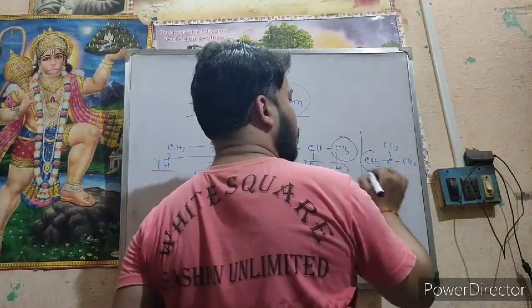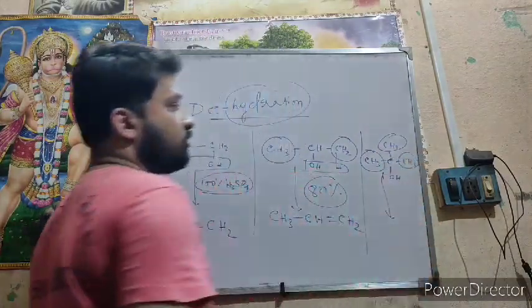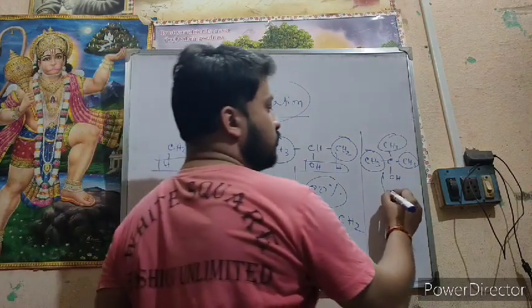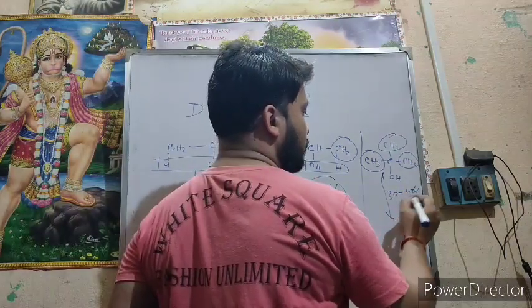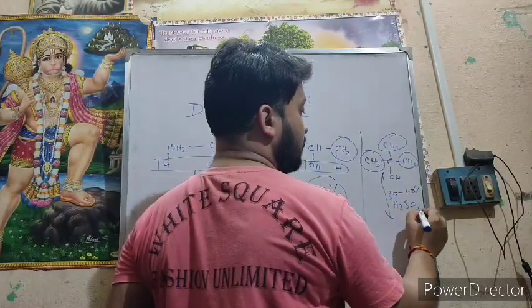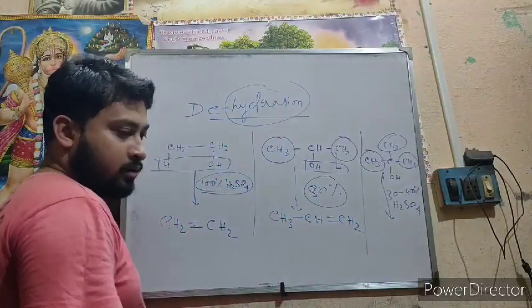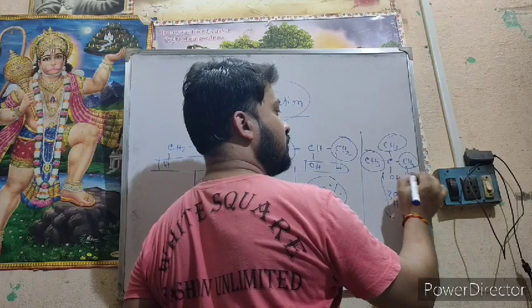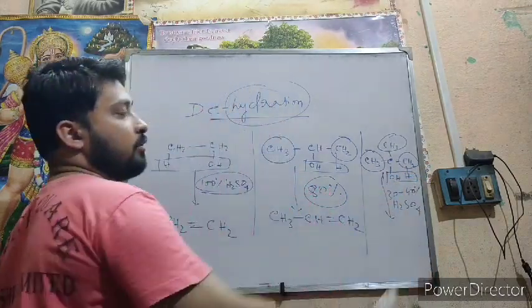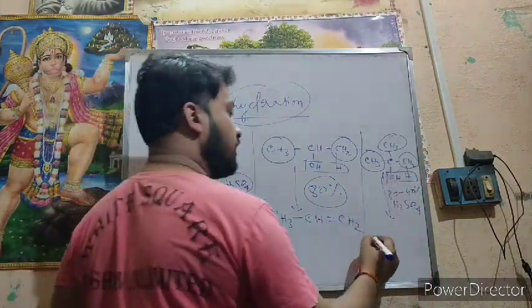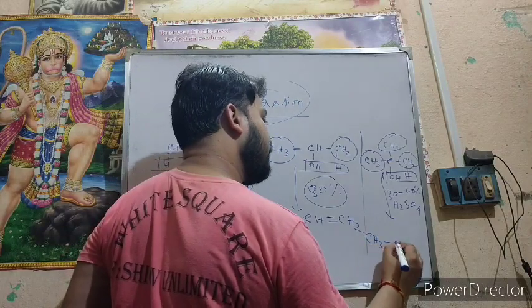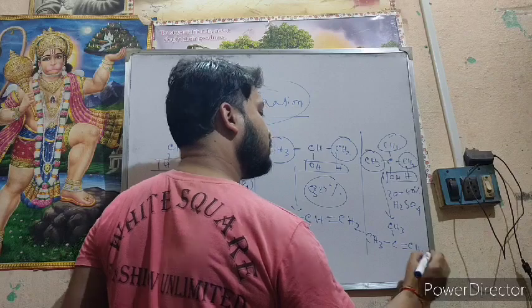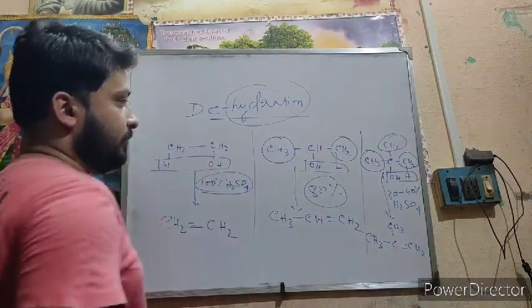If this is 3 degree alcohol, 3 bulky groups are here, so for 3 degree alcohol you use 30 to 40% concentrated H2SO4. If you remove this water molecule, the double bond is here, and the product is CH3 C(CH3)=CH2.